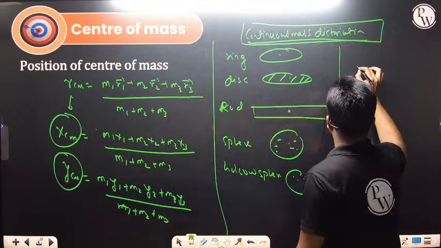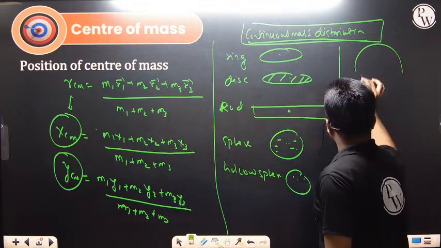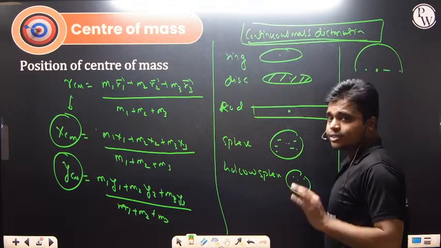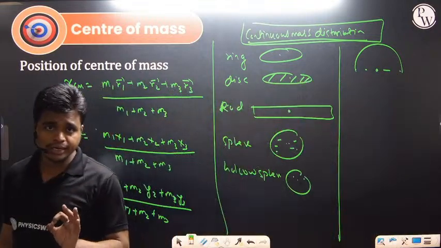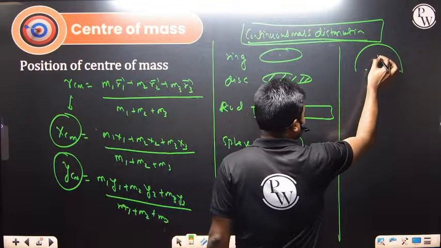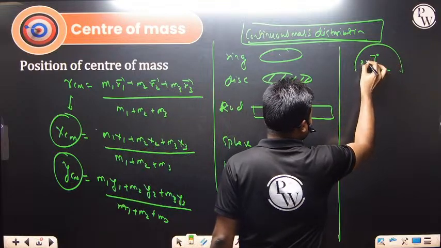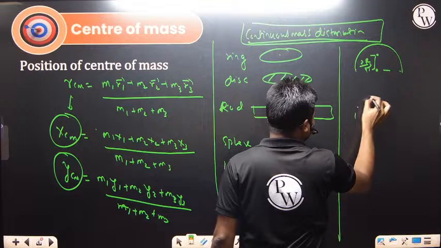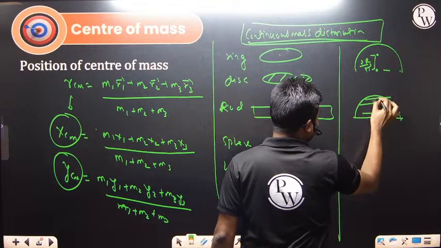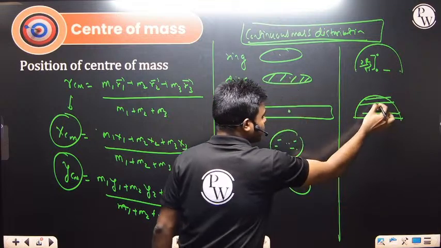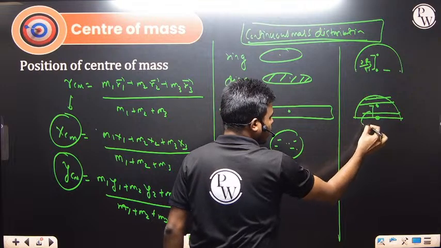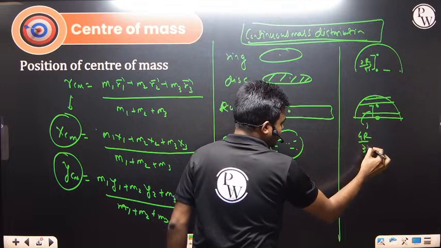For a semicircular ring, the distance of the center of mass from the center of the original ring is 2r by pi. For a semicircular disk, the distance of the center of mass from the center is 4r by 3 pi. Is that clear, all of you?